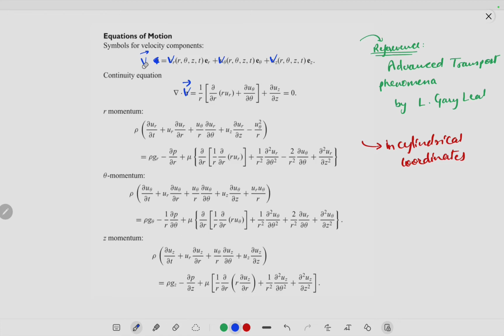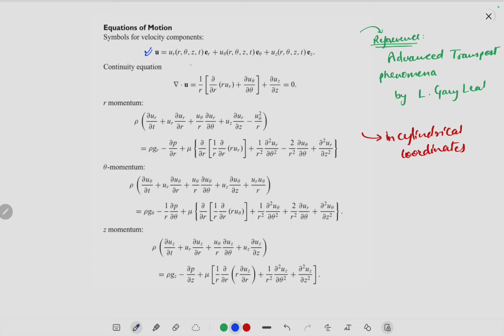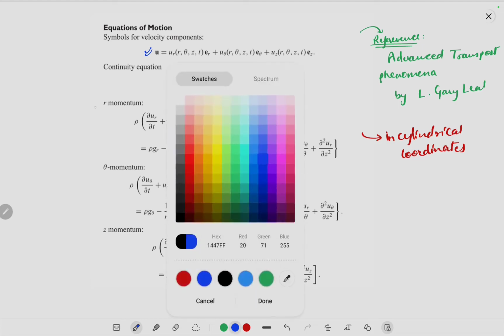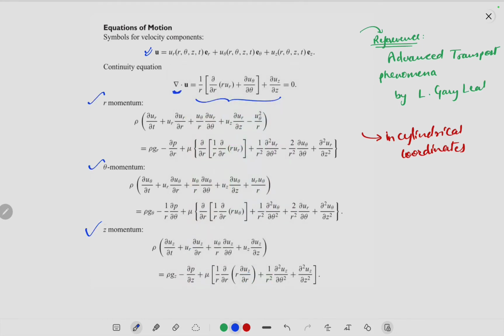Otherwise you can stick with u vector. If u vector is given as ur as a function of r, theta, z and t in the r hat direction, where er is the unit vector along r, plus u theta plus uz, then the divergence in the continuity equation will be given by this, and the r momentum, theta momentum, z momentum equations will be given like this.